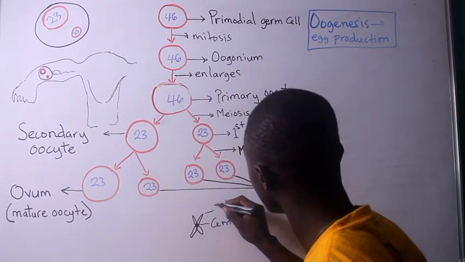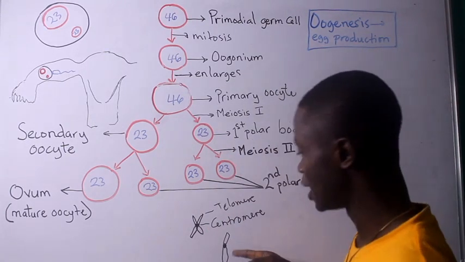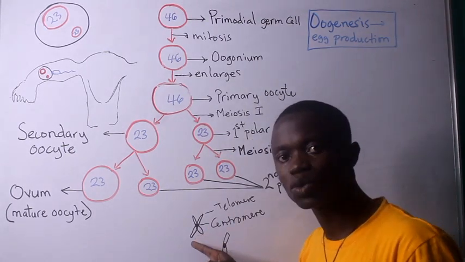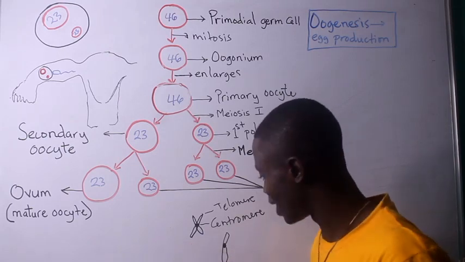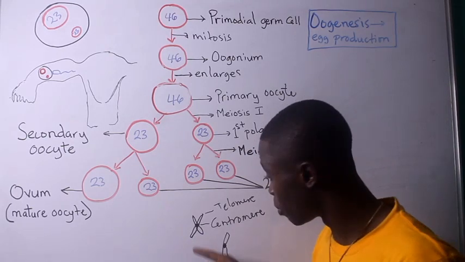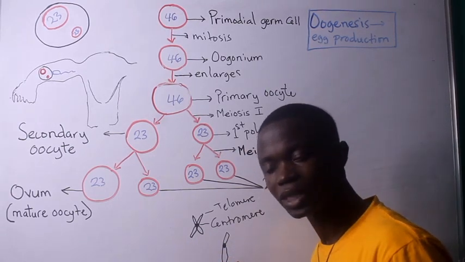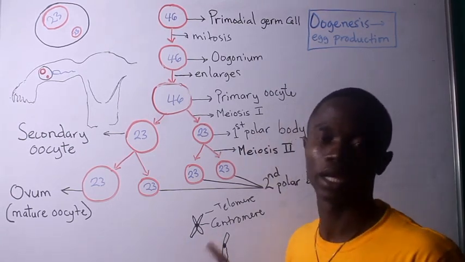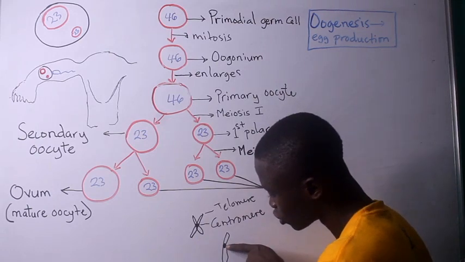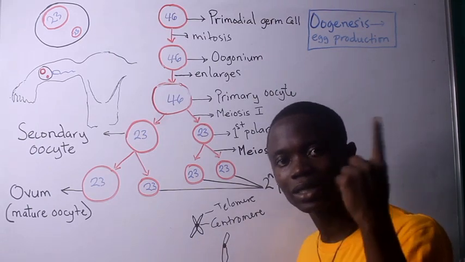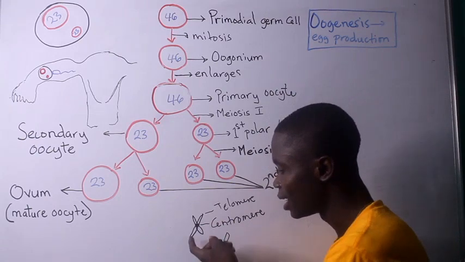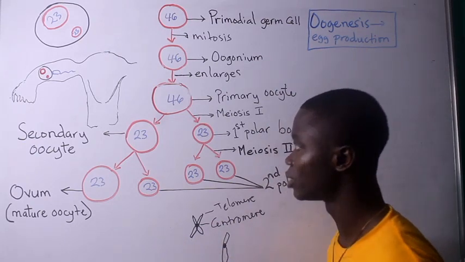This is also a chromosome. This one is double-stranded, while this one is single-stranded, but both of them are chromosomes, each with one centromere.